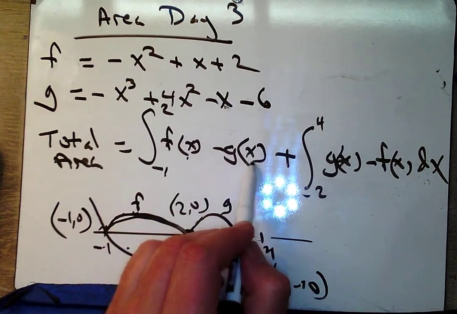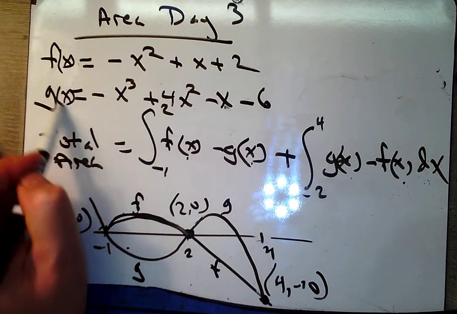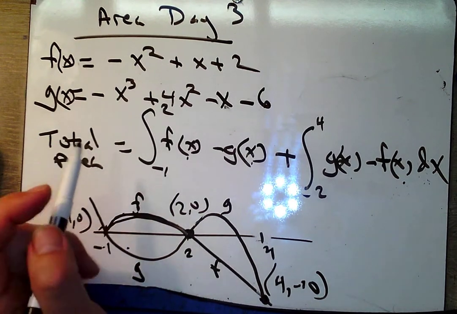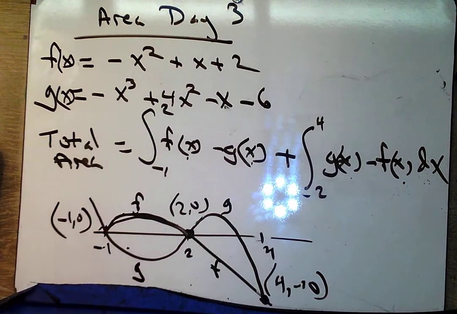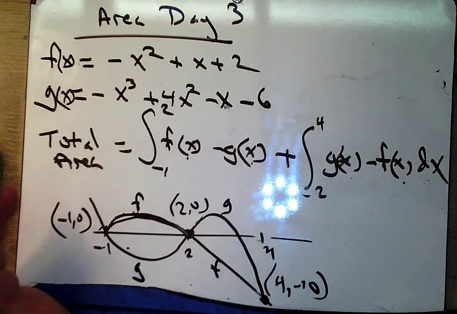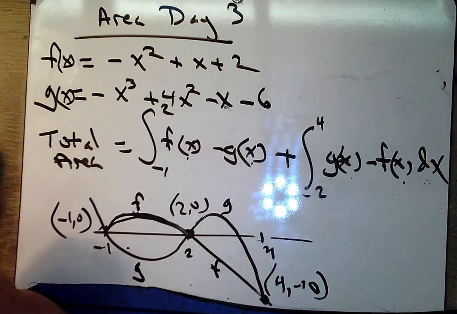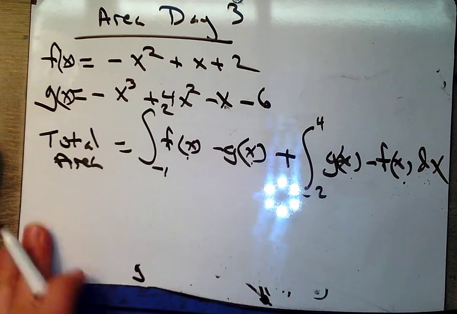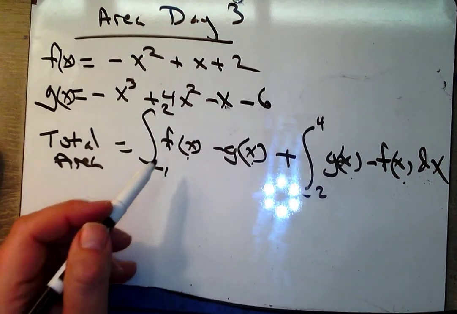Yes, you can use this if you define these functions or if they've already been defined. However, you can't stop here unless the problem says simply, please set up but don't evaluate. Well, yeah, that doesn't happen enough. In fact, more often we're told to find the total area.